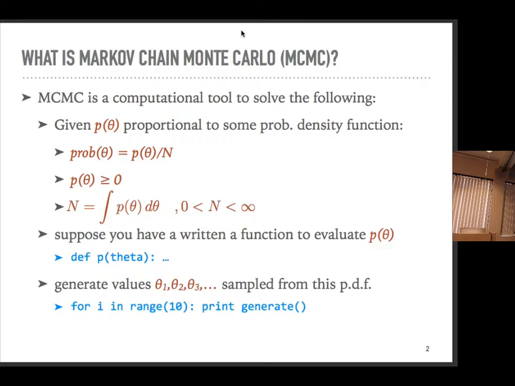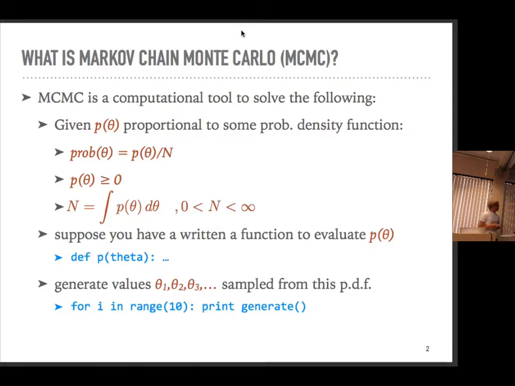But it can't go negative. And you don't know the normalization constant, but you could calculate it. You could just integrate over this whole thing. And you better get an answer that's not 0 or negative, and it has to be finite. So there are a couple of loose restrictions on your function p.